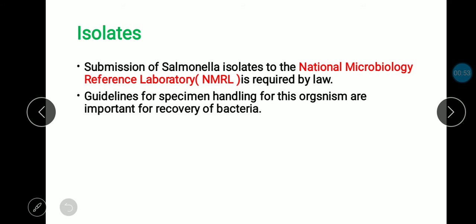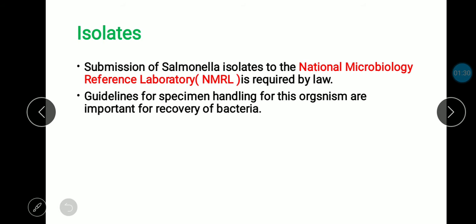It means that a patient who is a carrier or infected by Salmonella typhi carries these bacteria, and when they are collected for testing, after testing that material is submitted to this lab, NMRL.